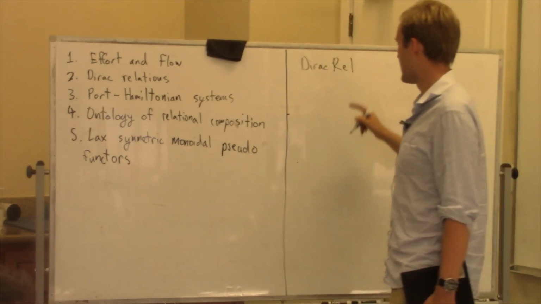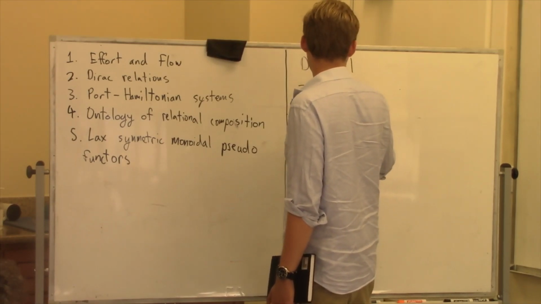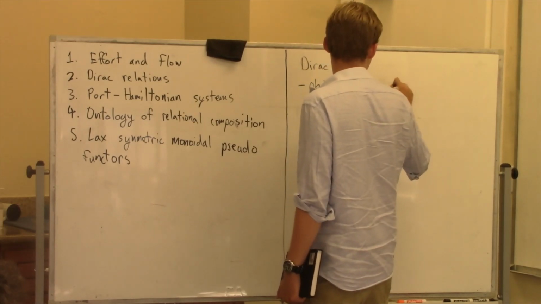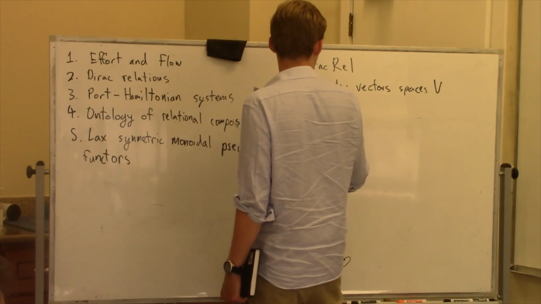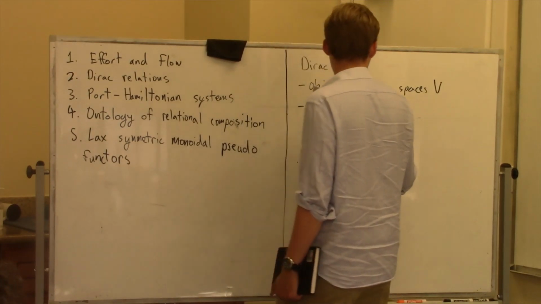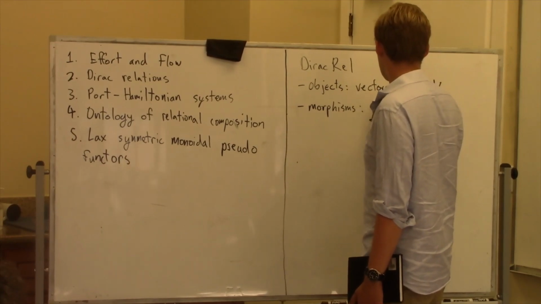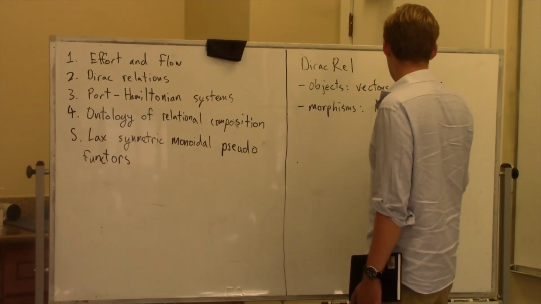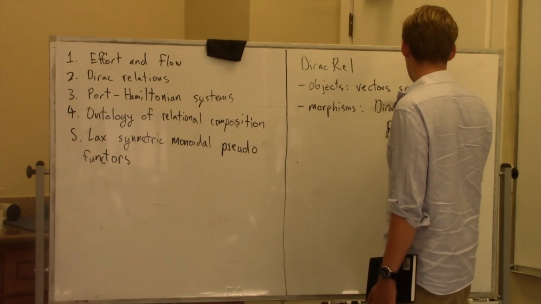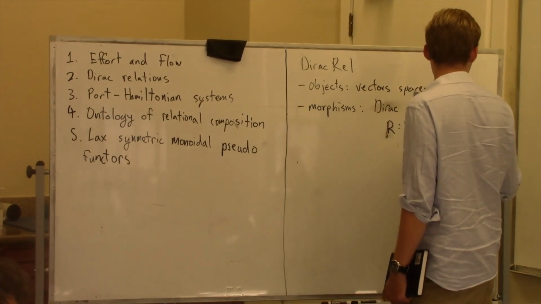This category has as objects vector spaces, the morphisms are Dirac relations, we'll say R, which go from V dual to W dual.